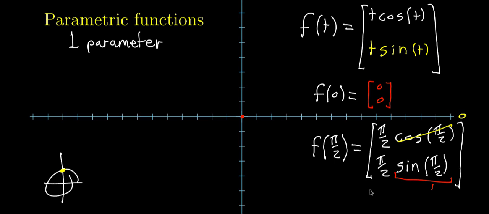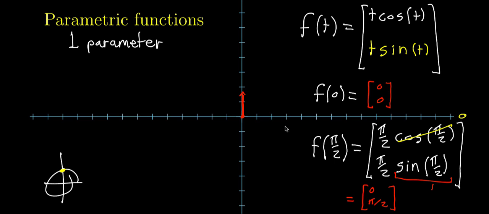Which means that the vector as a whole is going to be 0 for the x component and then pi halves for the y component. And what that would look like, the y component of pi halves, it's about 1.7 up there, and there's no x component, so you might get a vector like this.